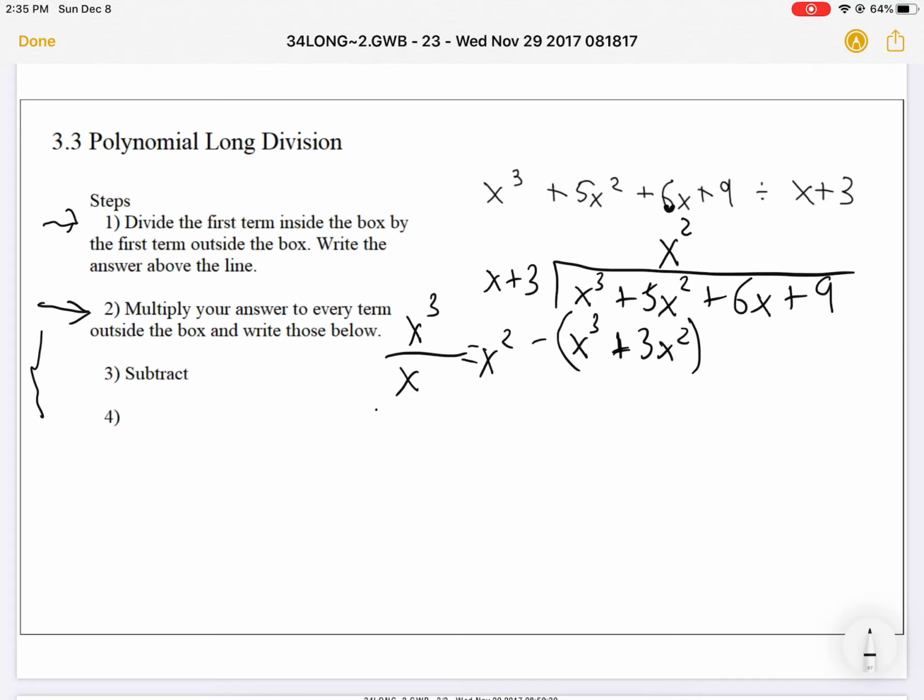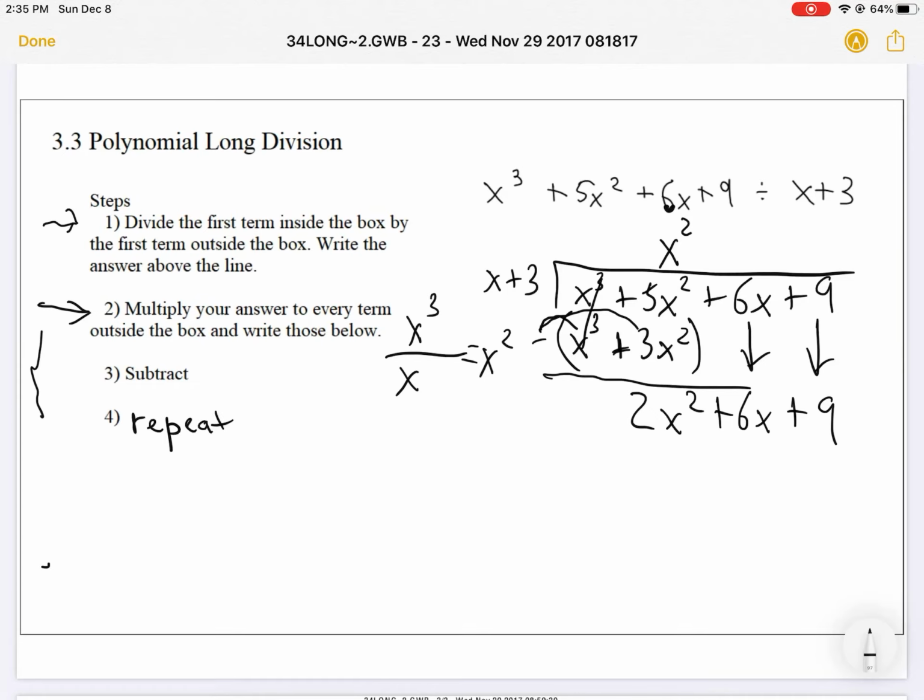So it's not just x to the third minus x to the third to cancel out, but it's also 5x squared minus 3x squared, which means now we have a 2x squared plus the 6x that we can drop down plus the 9 that we can drop down. A little odd, but if you're able to follow along with that, that's all long division's going to be, because step 4 is go back up to the top and repeat.